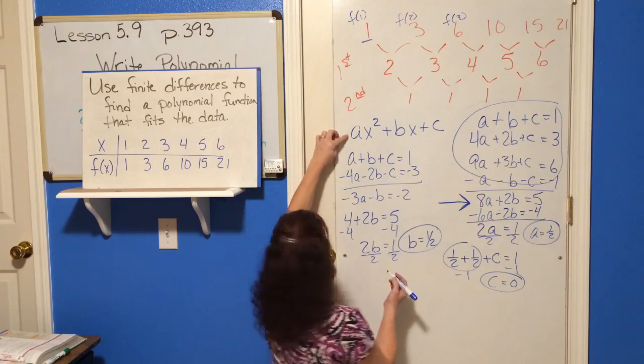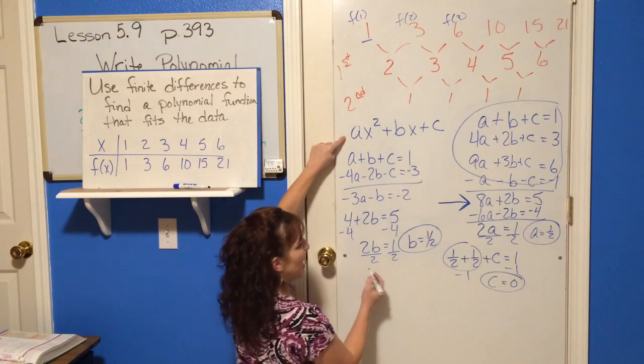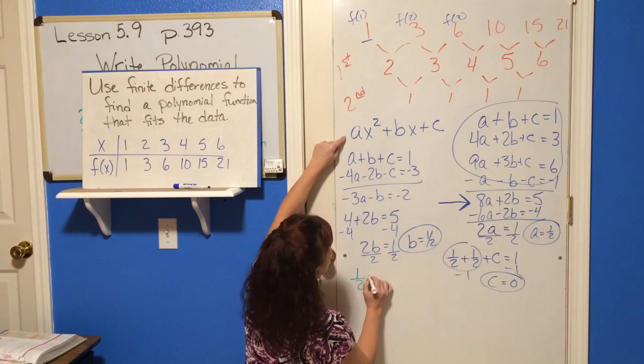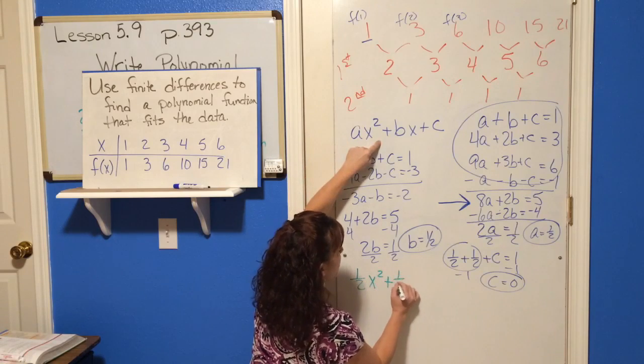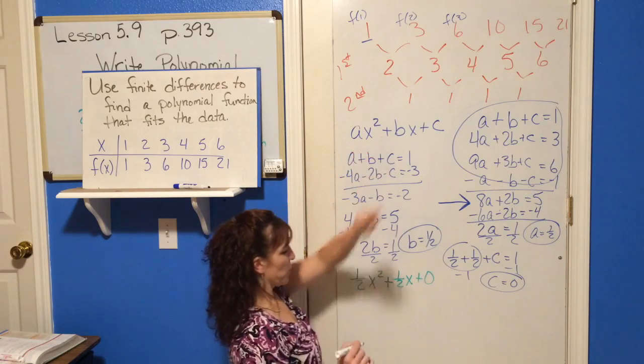So a is 1/2. Let me use a different color marker and maybe that'll help you to see it. So 1/2 x squared plus b is 1/2, plus 1/2 x plus 0 is what we're looking for.